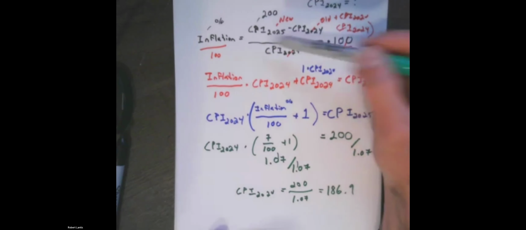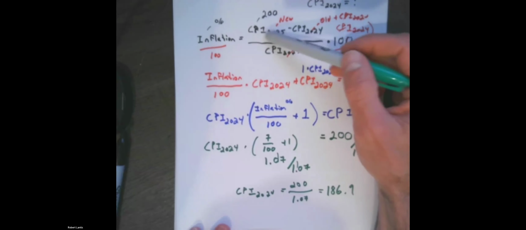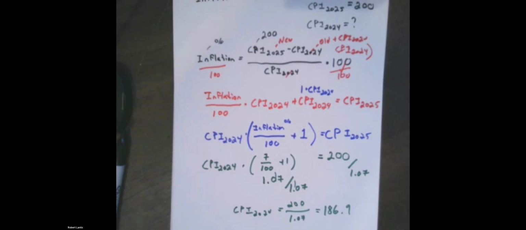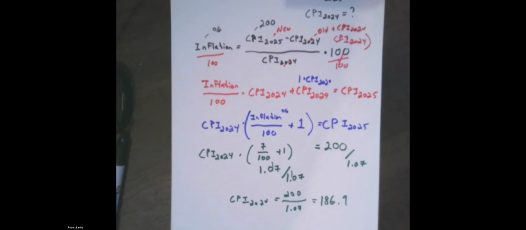So if my inflation is positive, the only way that's true is if my new prices are greater than my old prices, or my new CPI is greater than my old CPI. Sure enough, my new CPI was 200. The old CPI calculated was less than that, right? So that would be the evidence that, yes, I do have a positive amount of inflation that matches up with the initial numbers I was given. Okay.